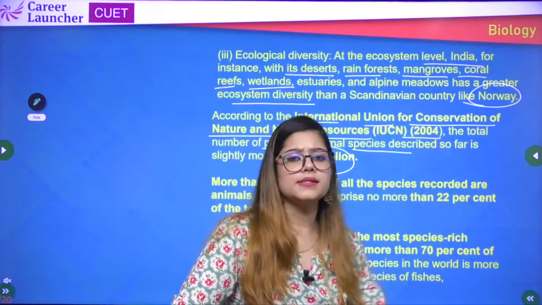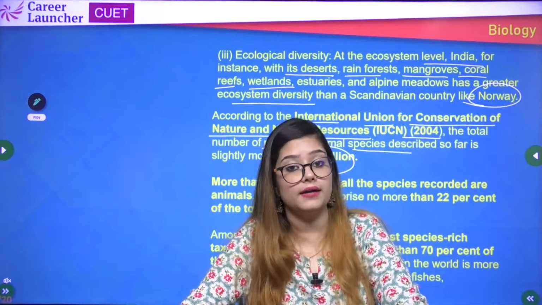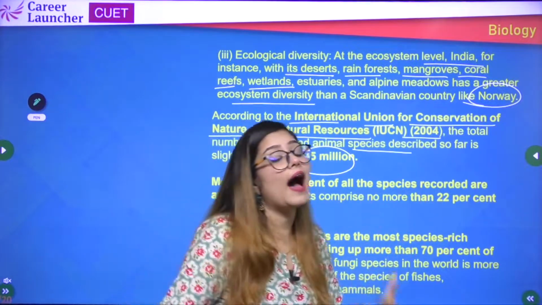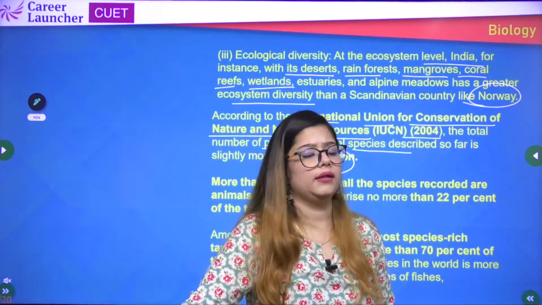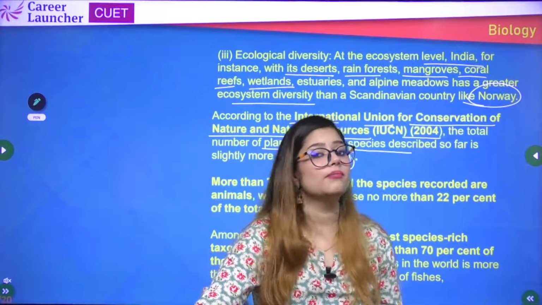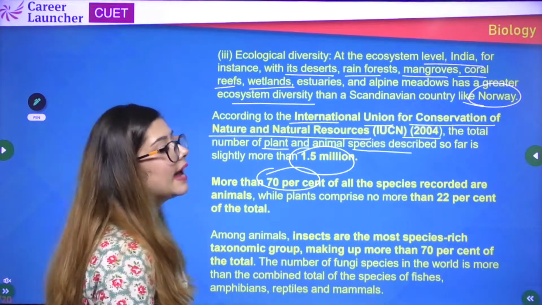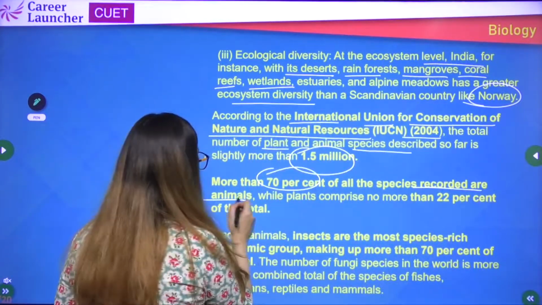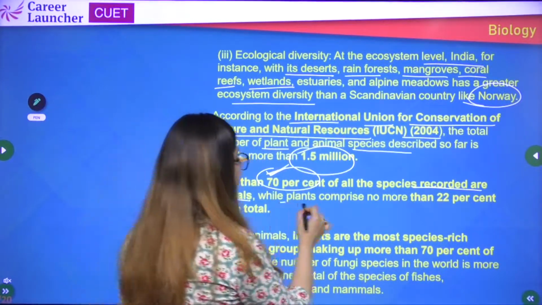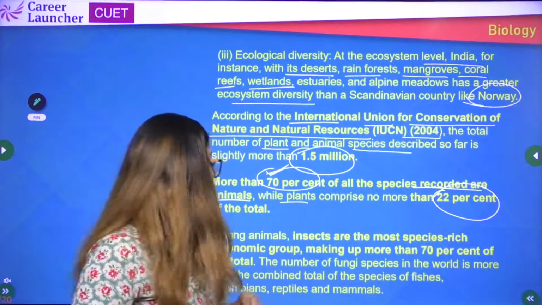There would be many plants and animals that have not been discovered yet, so this number should actually be much higher because there are so many plants, animals, protozoans that have not even been discovered yet, right? More than 70% of the species that are recorded are animals, and plants cover around 22% of the total, right?